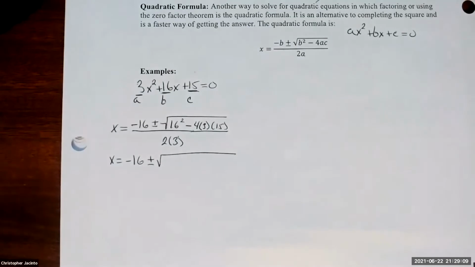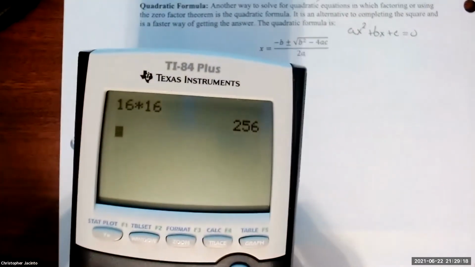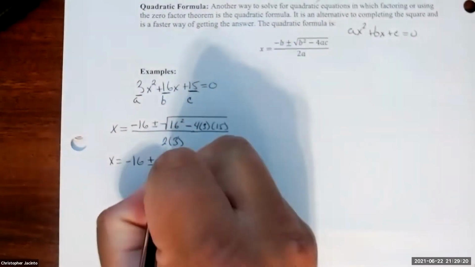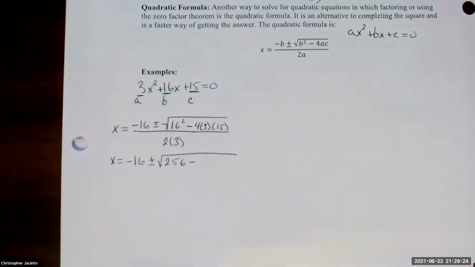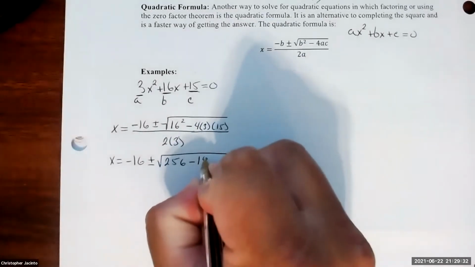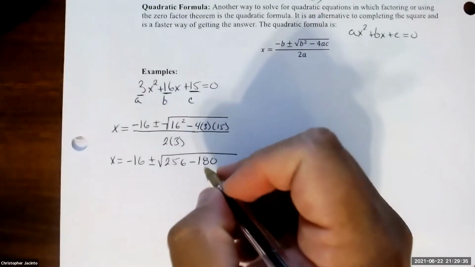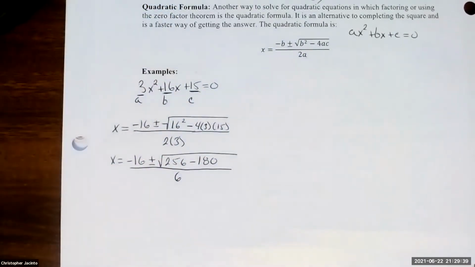So 16 squared, let's see, using a calculator, gives us 256, minus 4 times 3, which is 12, times 15, which is 180, all divided by 6.